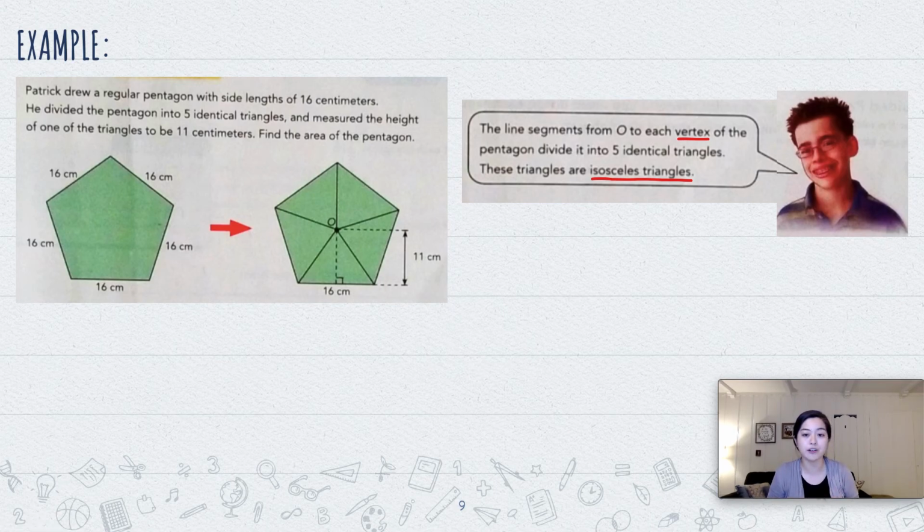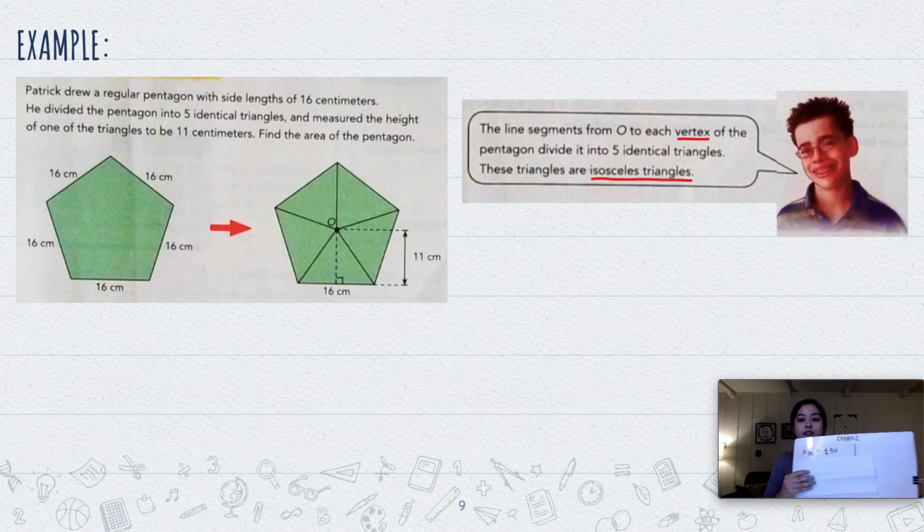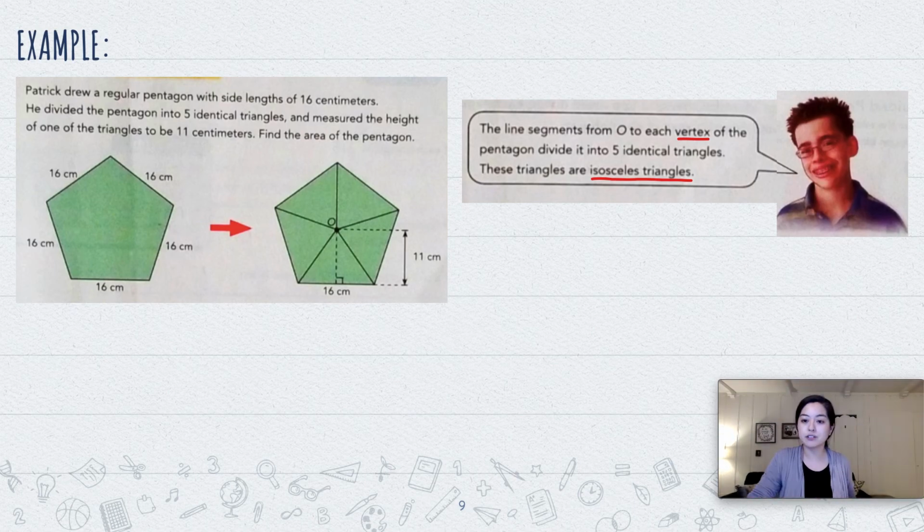Well, let's try to figure this out. We have to find the area of the pentagon. But before we find the area of the pentagon, we could first find the area of one triangle. Remember that the area of a triangle, you know what, let me increase my video size.